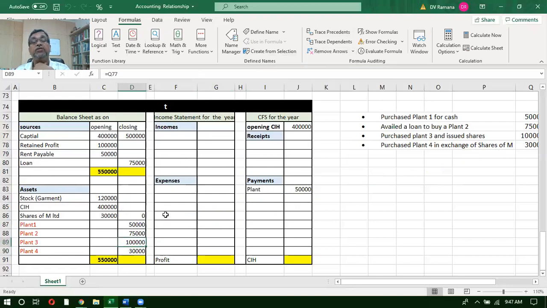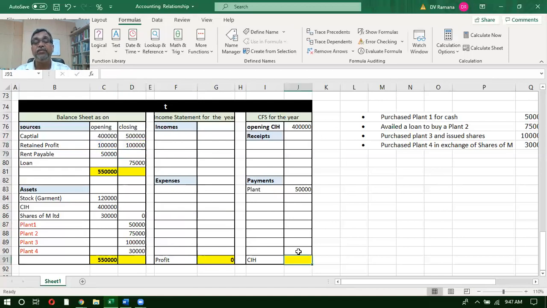And the final one is an acquisition of asset by issuing shares. And just like any other previous examples, there is no profit, no loss, because I'm assuming no other transaction except these four. So the retained profit is not going to change.